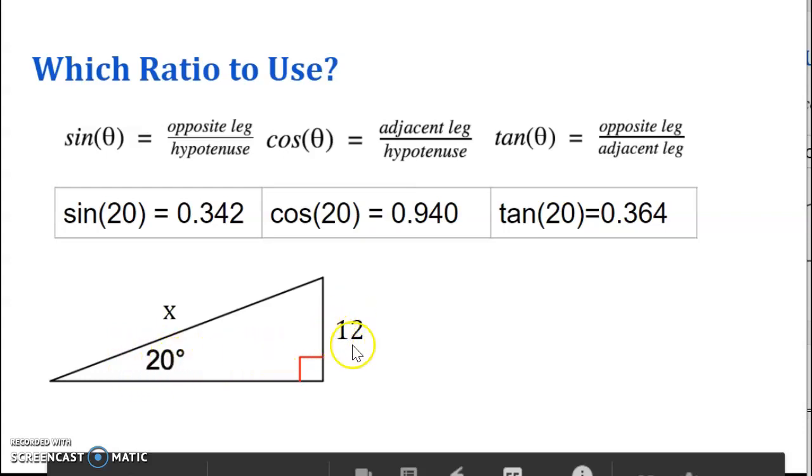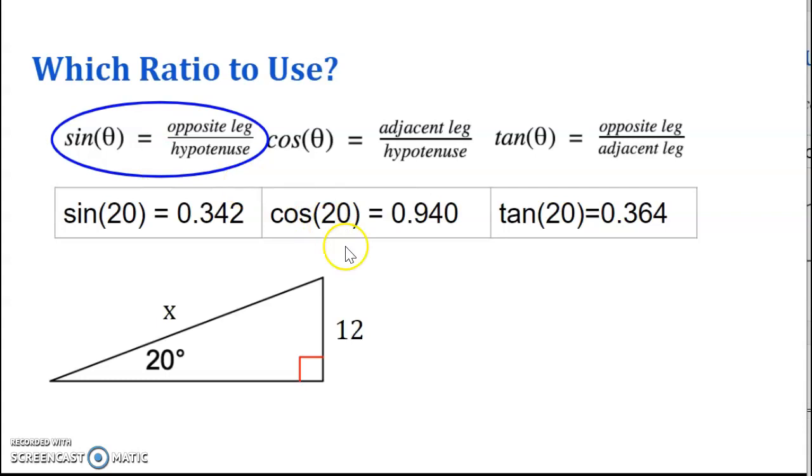The side with 12 as the side length is the opposite side. And this is the hypotenuse because it is opposite the right angle. So we're dealing with the opposite side and hypotenuse, which is the trig ratio sine theta. So we are going to choose sine theta.